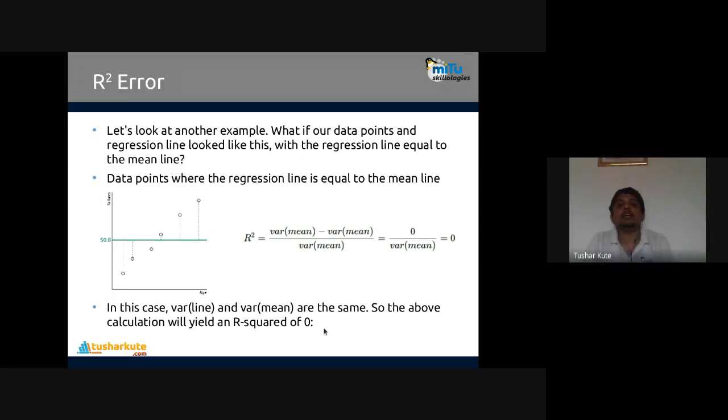Fine. And let's look at another example, with a data point regression that looks like this. In this case, the variance of the line and the variance of the mean are the same. So the R squared error will be 0, meaning there is 0% accuracy.